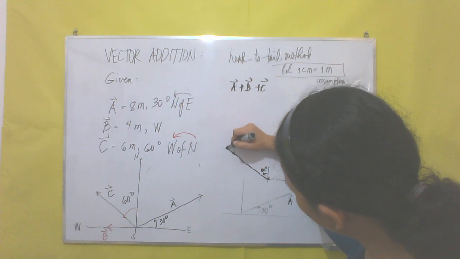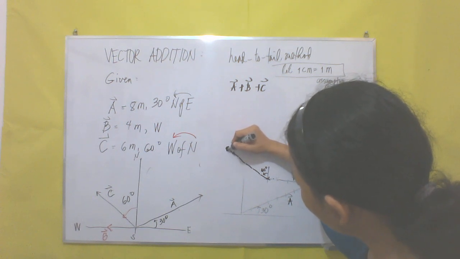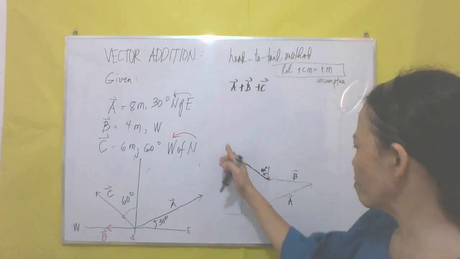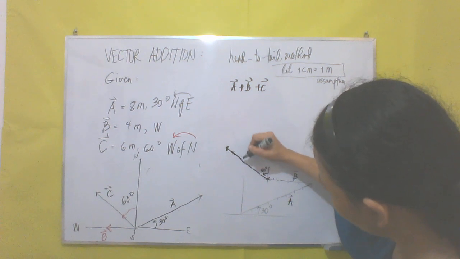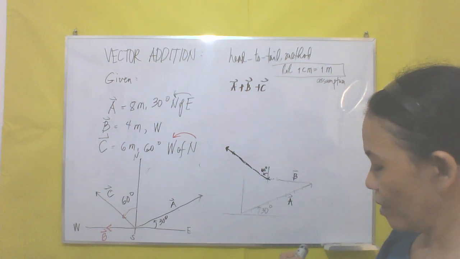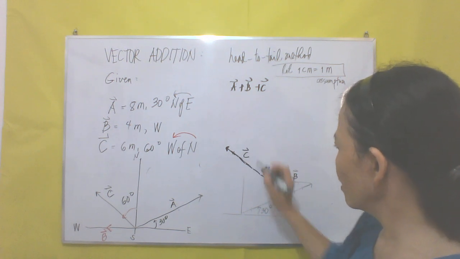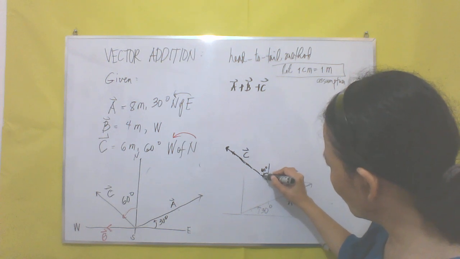Okay, 5, 6. So this is not an exact measurement. 1, 2, 3, 4, 5, 6. So this is vector C. The angle is with respect to y.